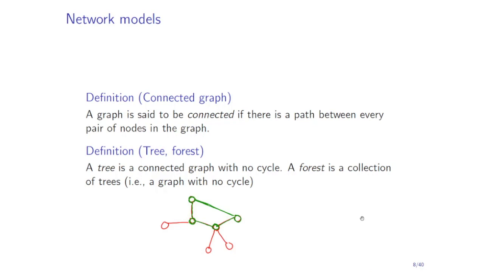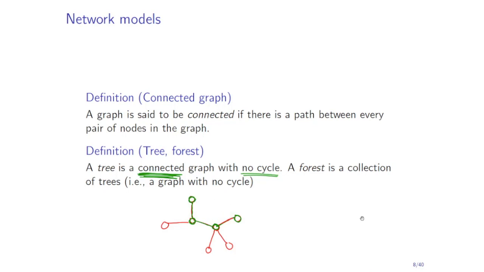So this is a definition of a tree. A tree is a connected graph with no cycle. If you have a cycle in your graph, then your graph is not a tree. We also have this thing that a tree is required to be connected. So let's go back to the original tree.